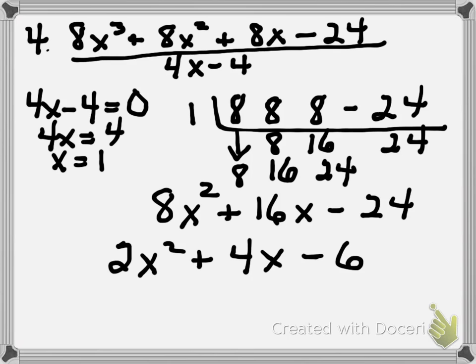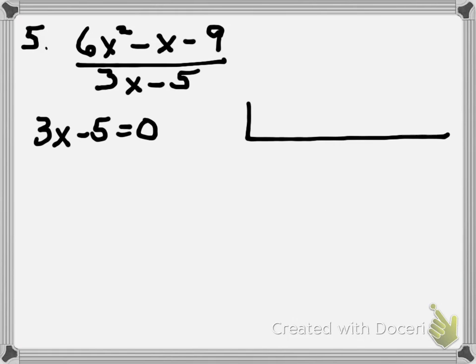And the reason is because up here is where we were dividing by 4. So now we're going to take each one of the factors in 8x squared plus 16x minus 24 and divide them by 4 also.